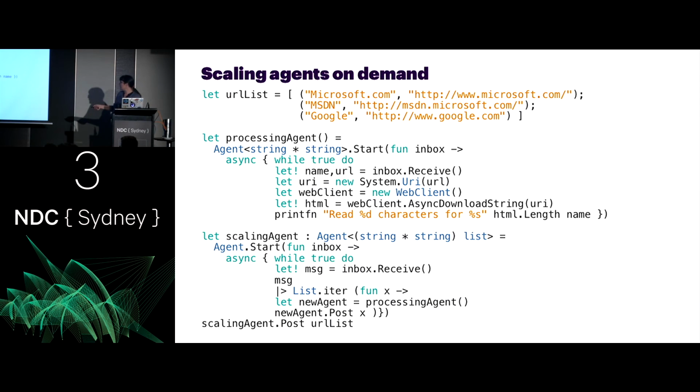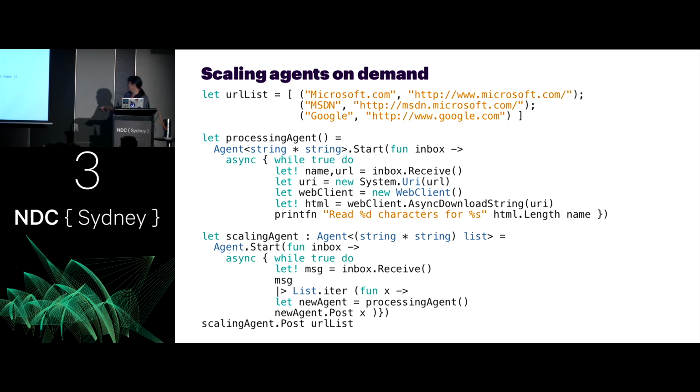So the scaling agent then, if we wanted to do all three of these at the same time rather than running one at a time, or maybe we have a list of 500 websites that we need to get through, and that's going to take a lot more time to handle those all at once. Instead, we create this scaling agent that specifically takes an agent, and then within our async loop, we have an inbox receive.